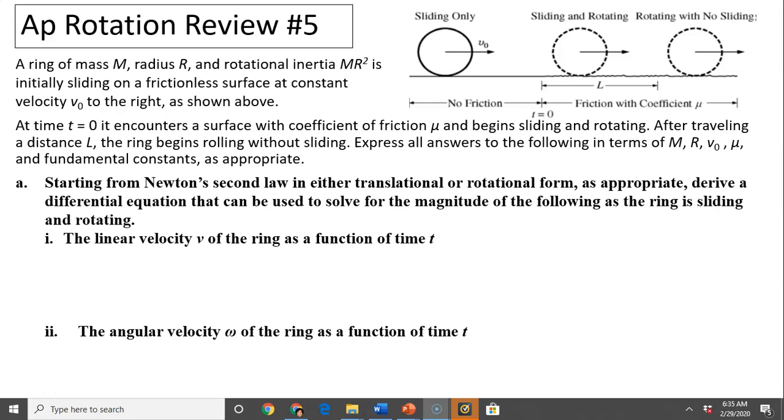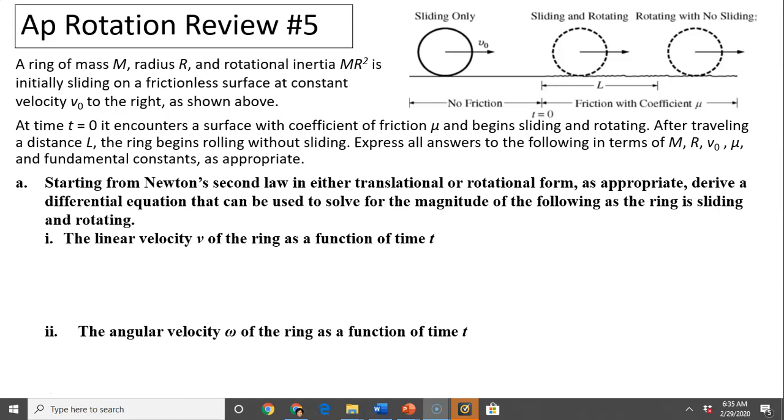A. Starting from Newton's second law in either translational or rotational form, as appropriate, derive a differential equation that can be used to solve for the magnitude of the following as the ring is sliding and rotating. One is the linear velocity v of the ring as a function of time t. So they are asking you to derive a differential equation.